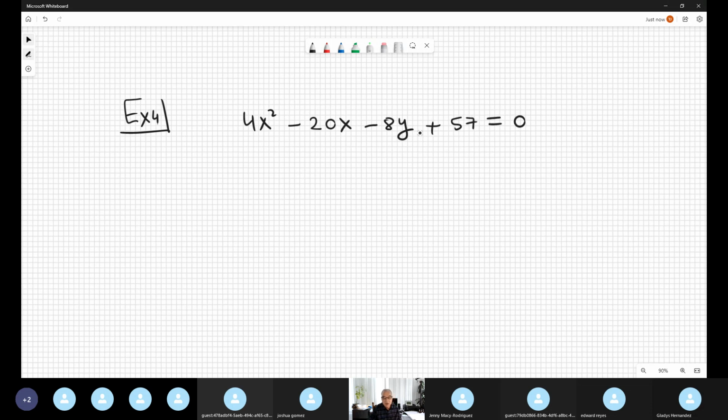This is like general form. But I recognize, wow, it's a parabola because we have x squared and y not squared. Entonces es obvio, at least in my mind, that we are talking about vertical parabola. I don't know if it opens up or opens down.